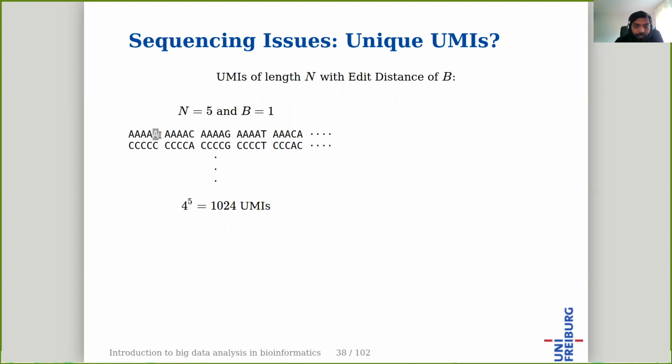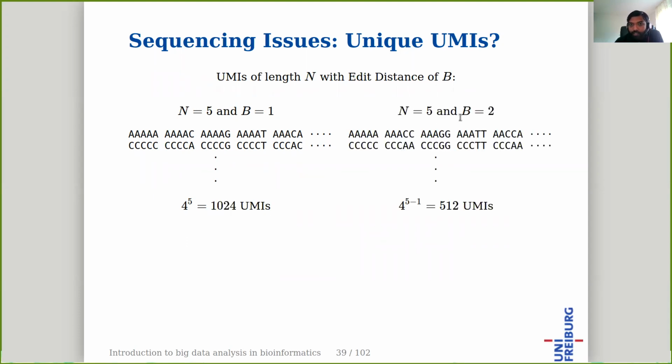For example, the A is replaced here by C, and G is replaced by C. So each one is unique, but there is only one edit distance among all these UMIs. In such a way, you generate 4 to the power of 5, so that is about 1,024 UMIs.